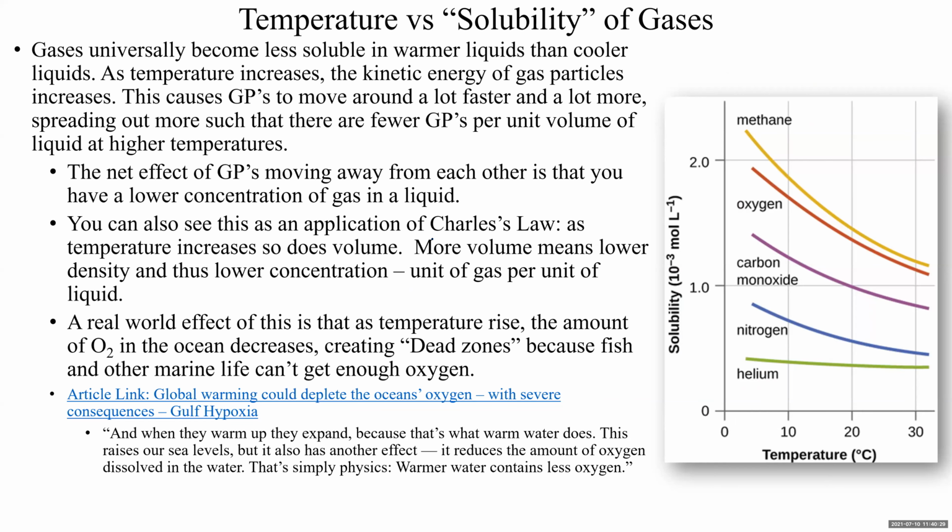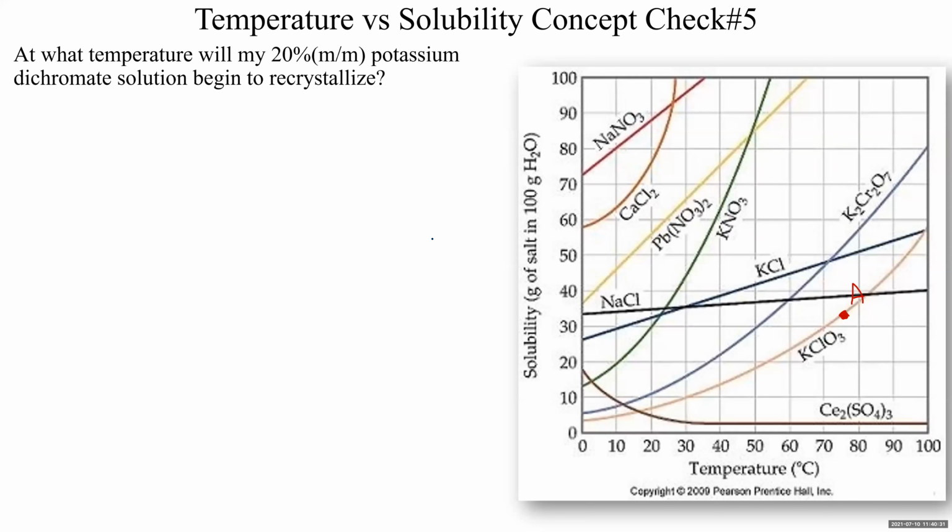One more. At what temperature will my 20% potassium dichromate solution begin to recrystallize? In other words, another way of asking this question is, what is my saturation point, or what is the saturation temperature for my 20% by weight potassium dichromate solution? Okay, so first let's locate potassium dichromate.